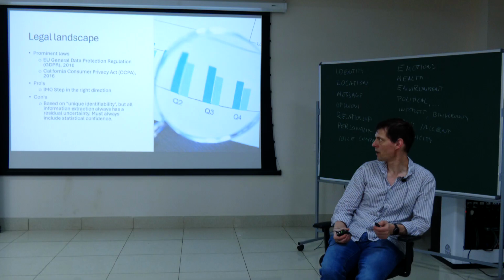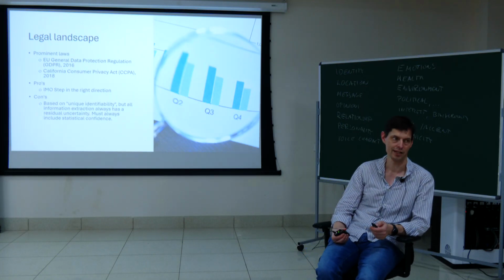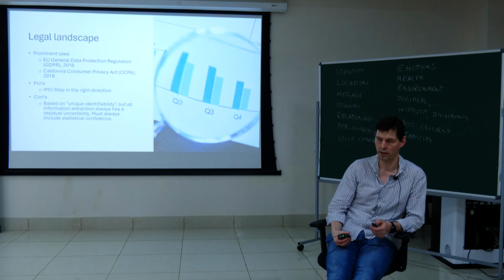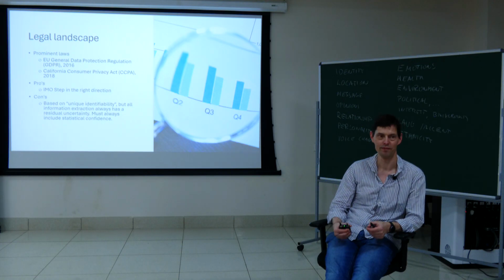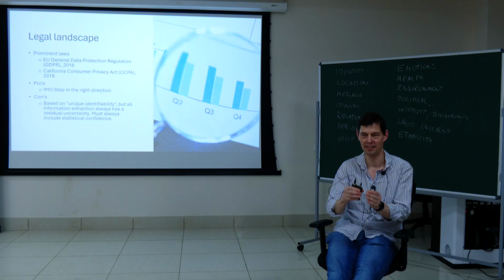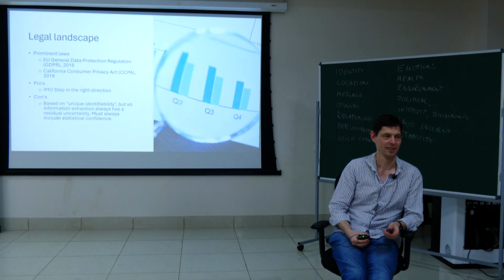My personal biggest criticism of these laws is that they frequently use the concept of unique identifiability. It means that someone is identified with 100% certainty as, say, Tom Ekström. I'm certain about it.